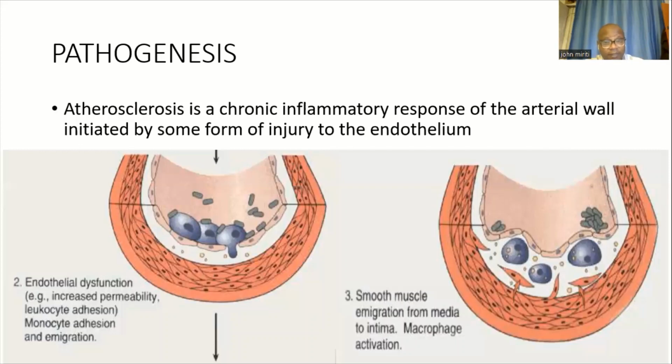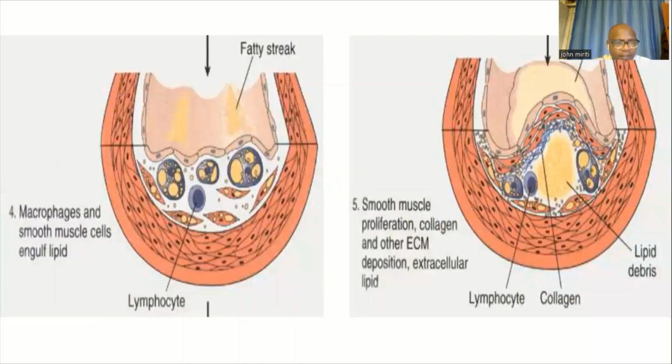So smooth muscle migrates from the media to the intima, and this results in activation of macrophages, which start a process of engulfing, which makes a deposition of fibrin with fibrinogen, and then the handling of this blood vessel.